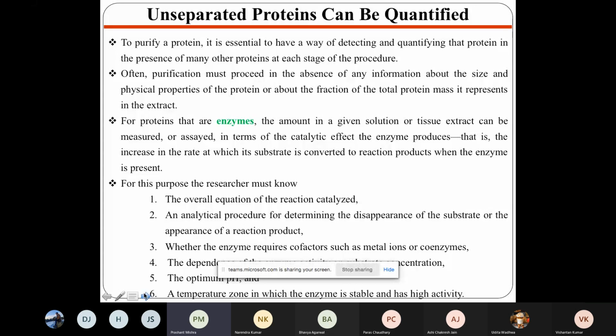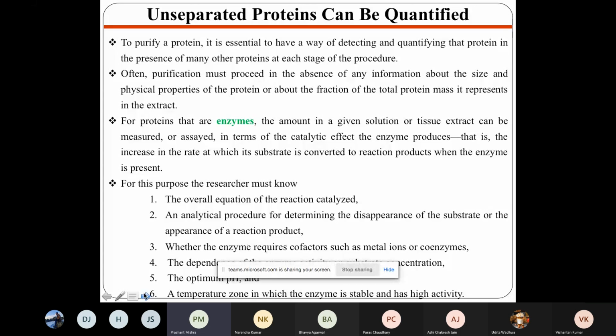To take the best example, if I have several proteins and I'm looking for a particular enzyme, I should be interested in how much of that enzyme is present. To take a very clear example, if I want to measure that I have taken an extract and how much protease enzyme is present or how much lipase enzyme is present.